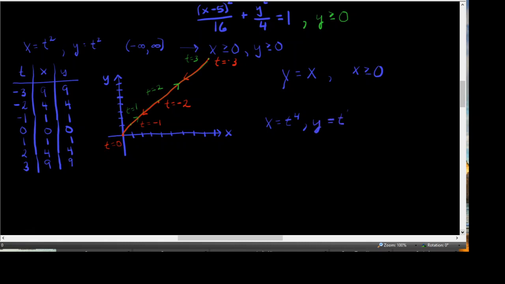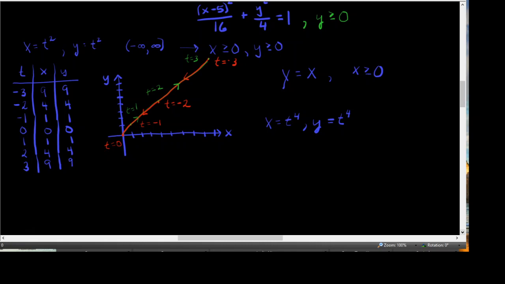Well, for various t values, I'd get different answers, but I'd still get that same set of points that I just graphed. For t equals -1, that one would be in the same place because -1 to the 4th is 1, just like it was for squaring. But if we did t equals -2, that would be 16 and 16. So the location of the point would change to a different time, but it would still produce the exact same graph.